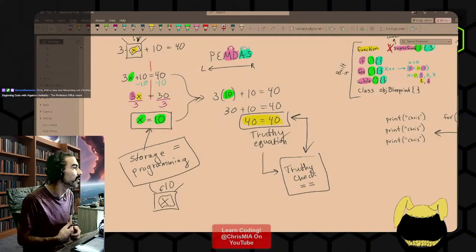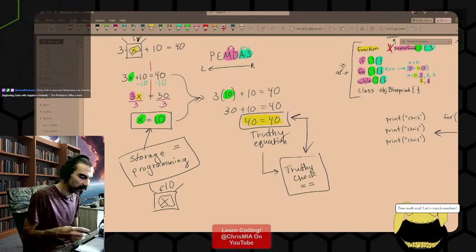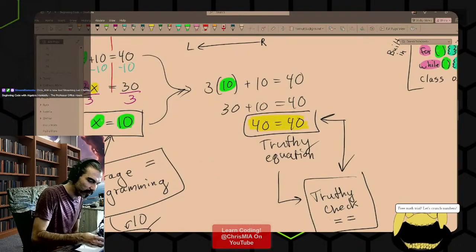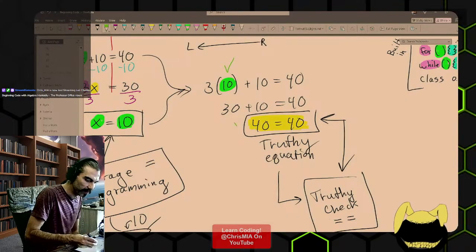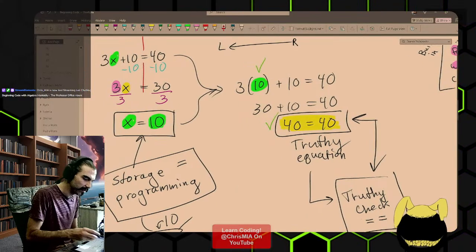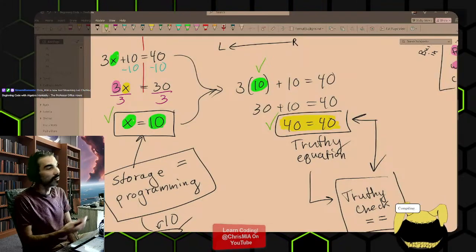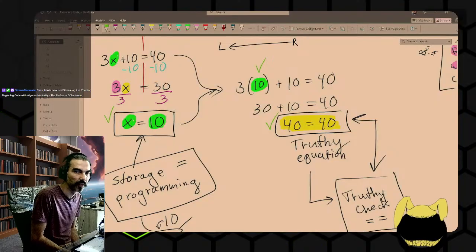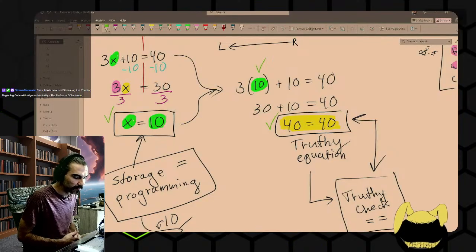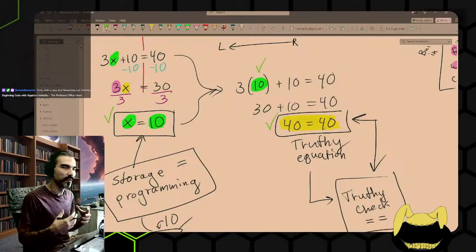That's in the end case scenario. If we find that 40 equals 40, that actually supports the fact that our number 10 is indeed the answer for x. So in math, you can always check yourself and make sure your problem is correct. Case in point, right? So that's just the kind of more advanced usage of variables.